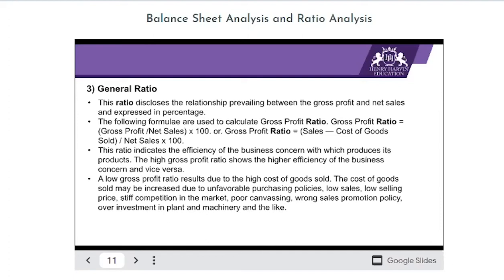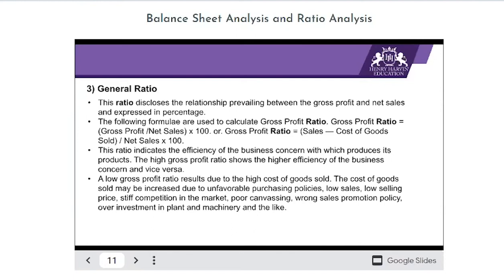So gross profit ratio is a direct indicator of how efficiently you are working. There could be high indirect costs. GP ratio is a direct indicator as to how your core business, your core activity, is performing.